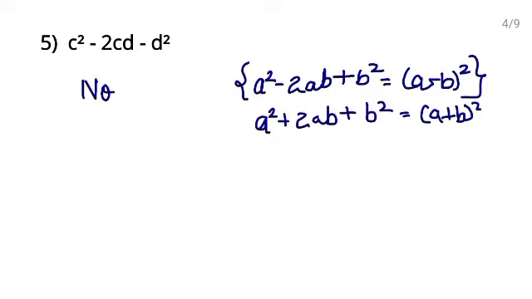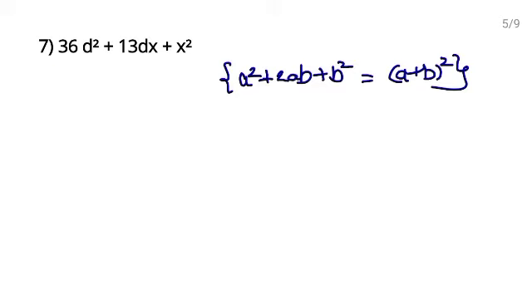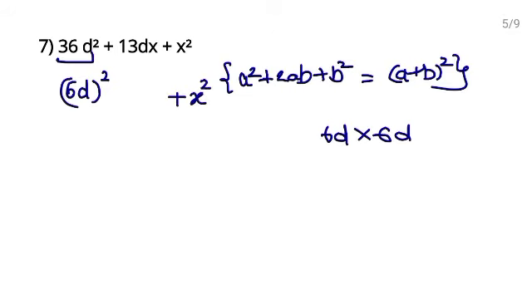This is your answer. Next part, we will use the identity of plus: a square plus 2ab plus b square is equal to a plus b whole square. This 36d square can be written as 6 6s are 36, d multiplied by d means d square, so you can write it as 6d whole square, plus x square, and the middle term should be 2 into a into b.